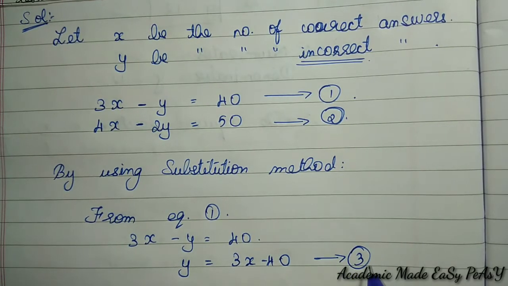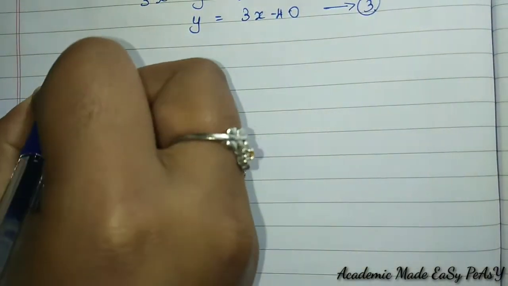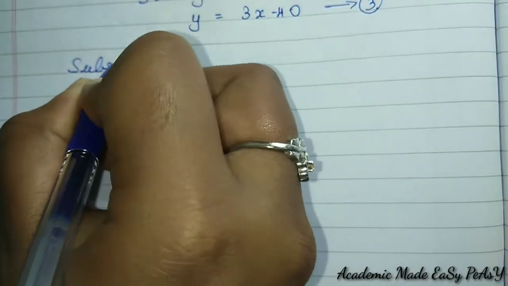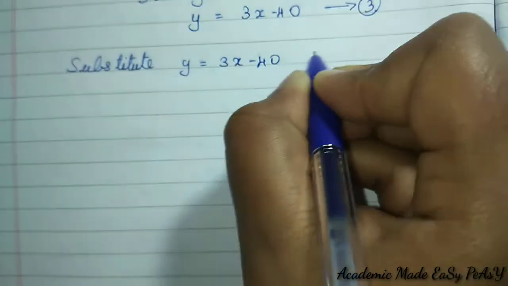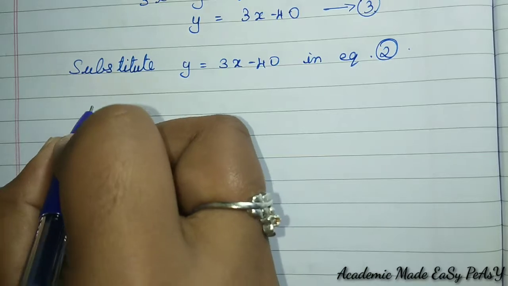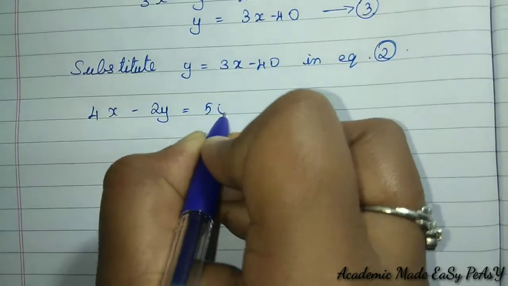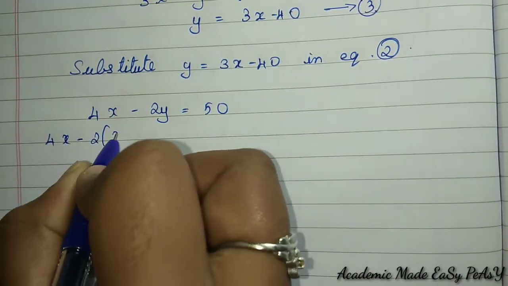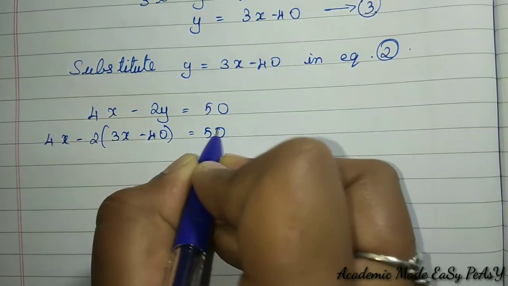So now I will be substituting equation 3 in equation 2. Substitute y is equal to 3x minus 40, that is equation 3, in equation 2. So 4x minus 2y is equal to 50 becomes 4x minus 2 into (3x minus 40) is equal to 50.